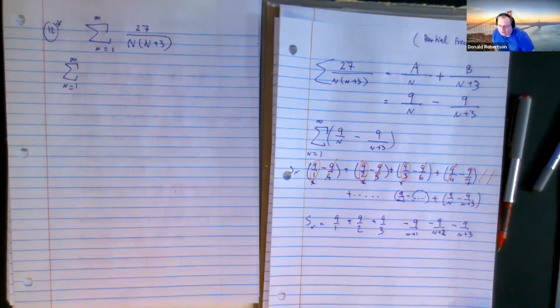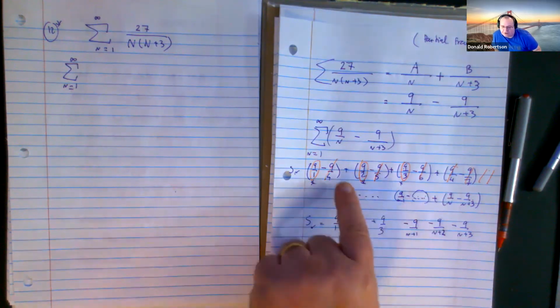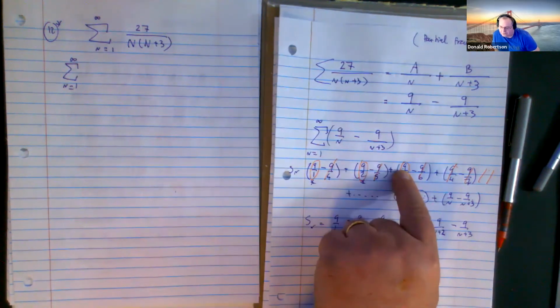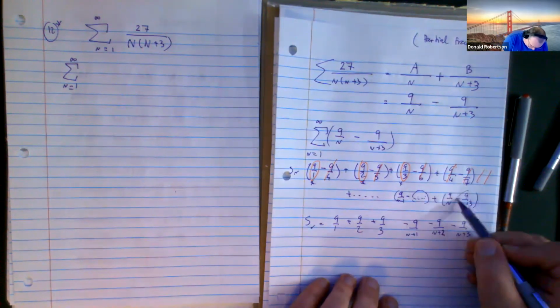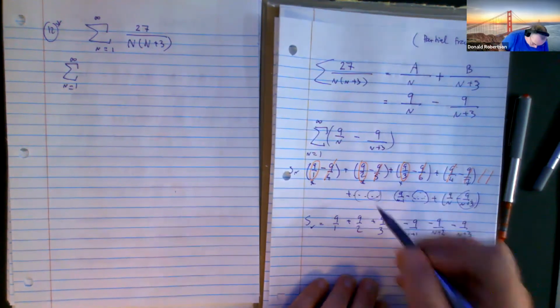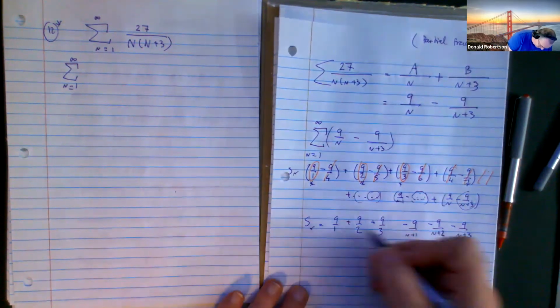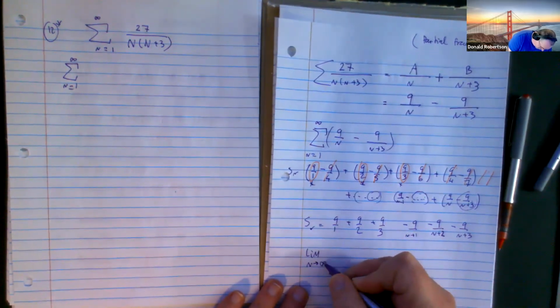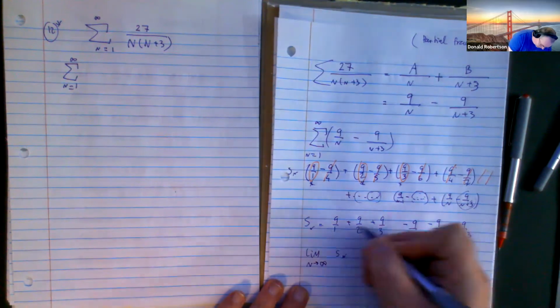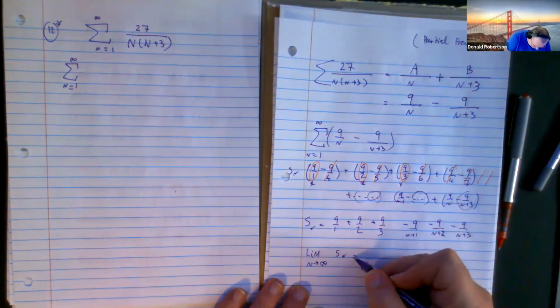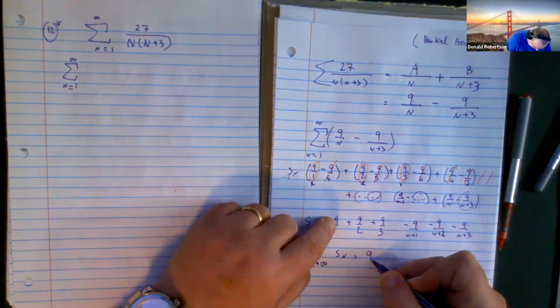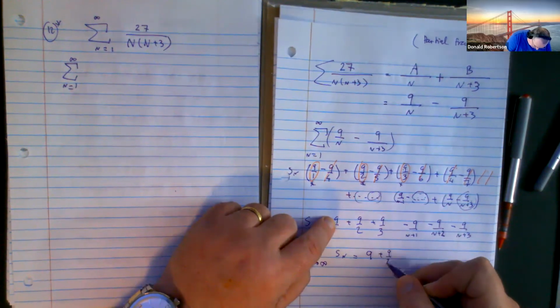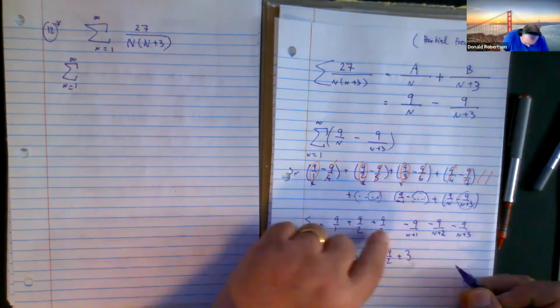Right. So if you wanted to know the precise version, you'd have 3 guys at the front that lived and 3 guys at the end. That one, and one that would go there. And this fella can now do the limit as n tends to infinity. Well, since I've already written it up, I don't want to write it again. So I'm going to get 9 plus 9/2 plus 3.